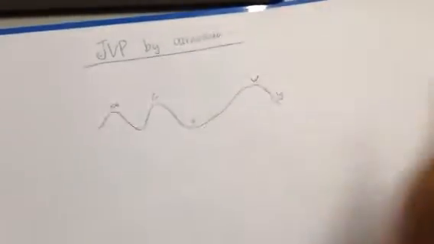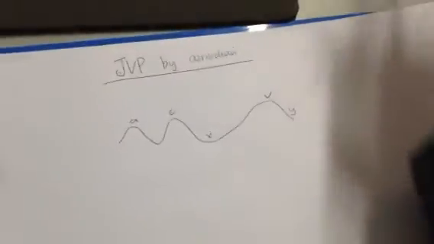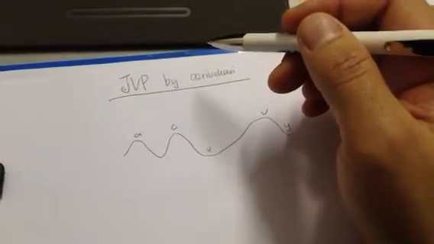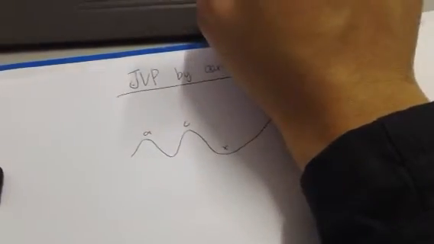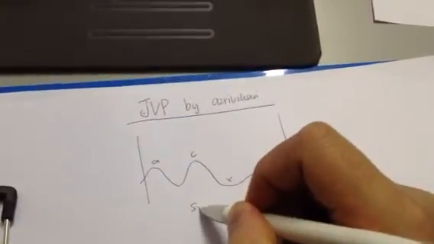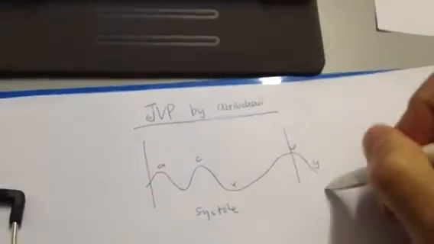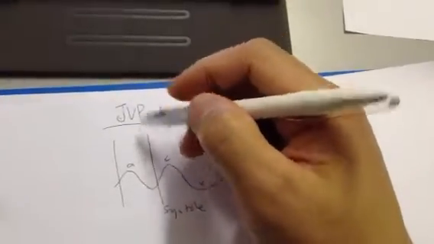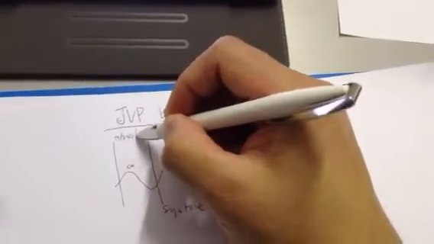Alright, so the first thing that you need to know is that this happens during systole, this happens during diastole, number 1. Number 2, this happens during atrial systole.